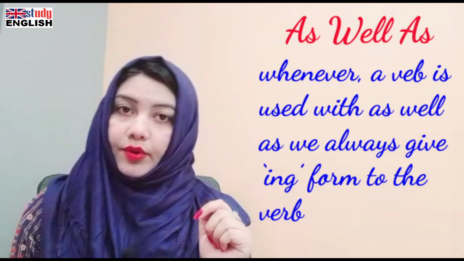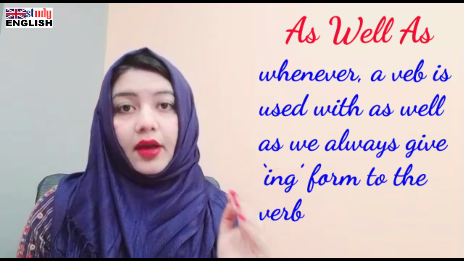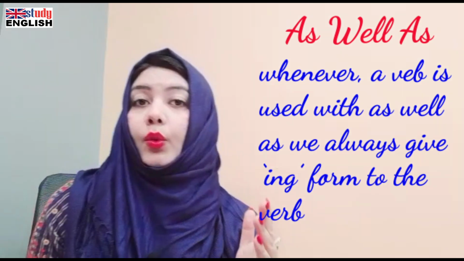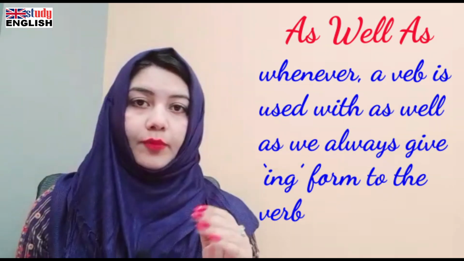So whenever a verb is used with as well as, we always give ing form to the verb. That's why I said designing, not design. So always remember that when we have a verb after as well as, then it must be in the ing form. I hope today's class and the concept of as well as should be clear.